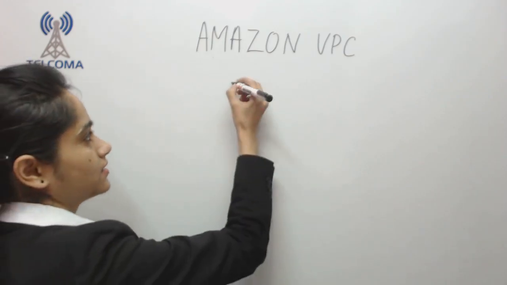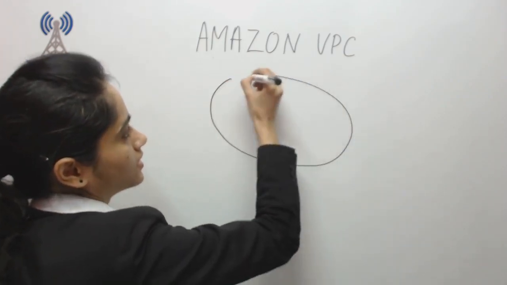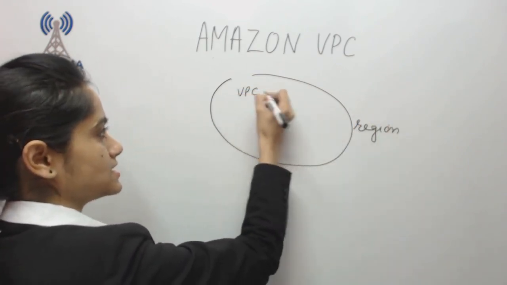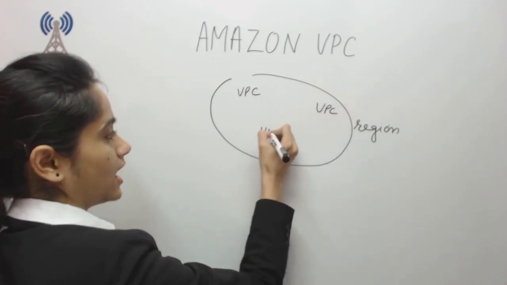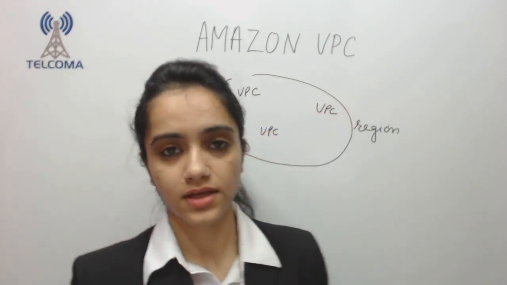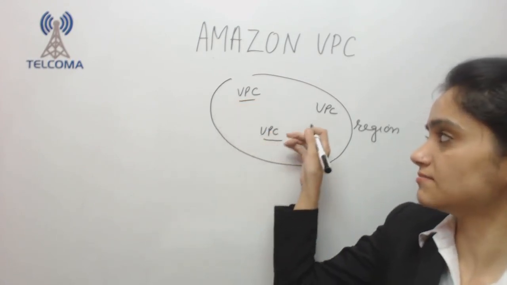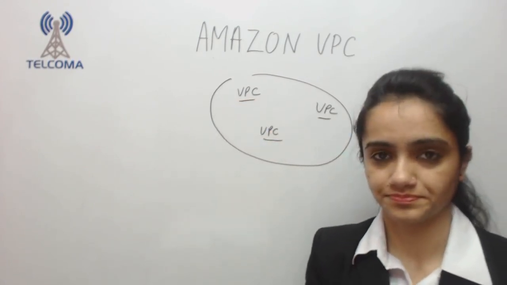So we have a region, and we can create multiple VPCs in this region, and each one is isolated from one another even if they have the same IP ranges.